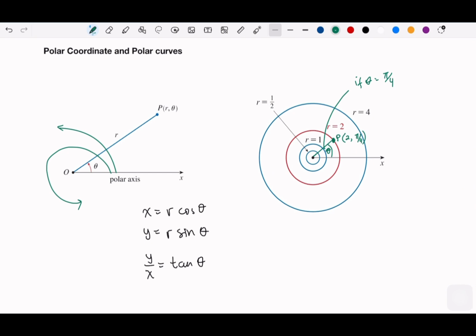That means for every possible coordinate, the r will be always positive. Well, of course, in trigonometry, we know that there are some values that are negative. So how do we make it fit into this system?